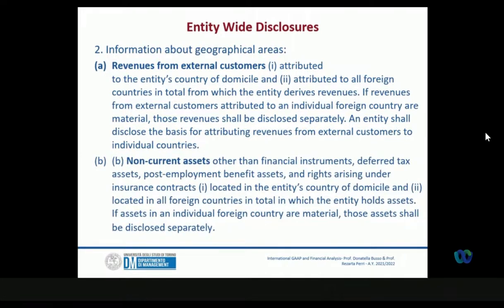And also non-current assets, other than financial instruments, for example, deferred tax assets located in the entity's country, and so on. So this information about geographical areas is important to assess the ongoing activity and performance of the company.